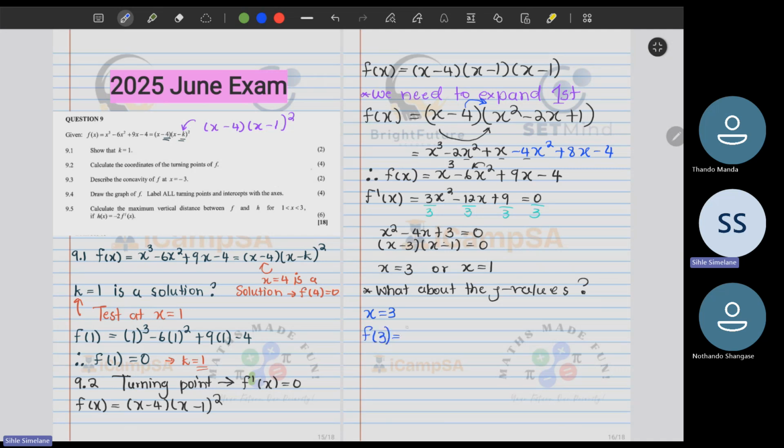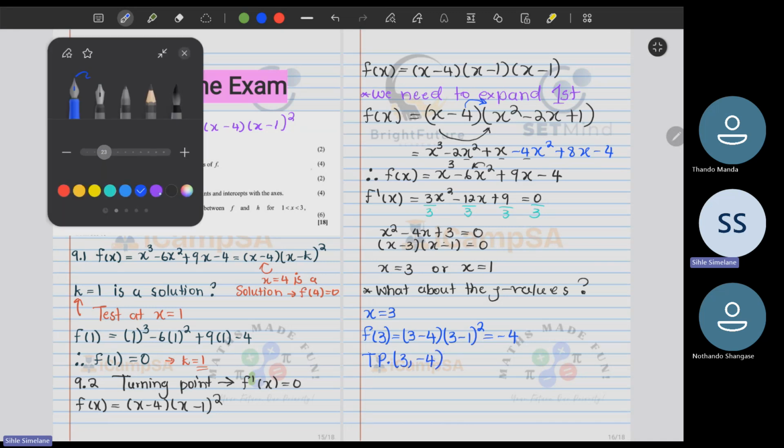And our equation, if you observe carefully, is 3 minus 4 and into 3 minus 1 all squared. So what we end up getting is what? What is it, guys? 2 squared. That's going to be 4 times. That's going to be negative 4. So this means we have a turning point at 3 and negative 4.